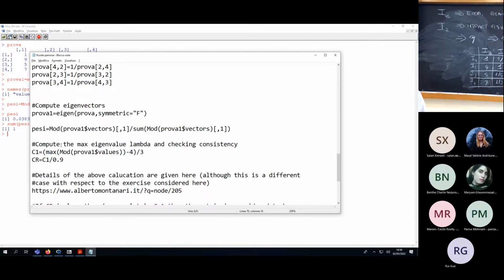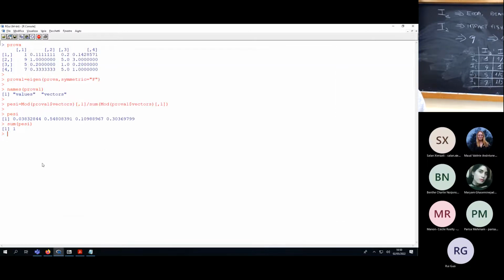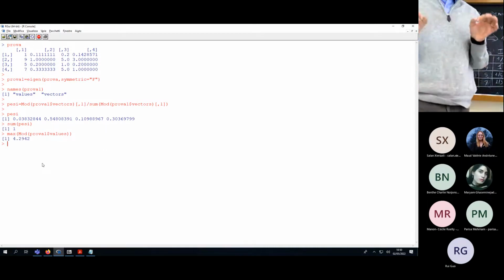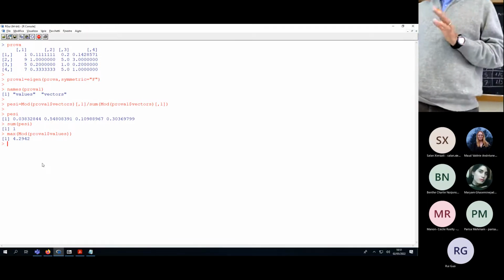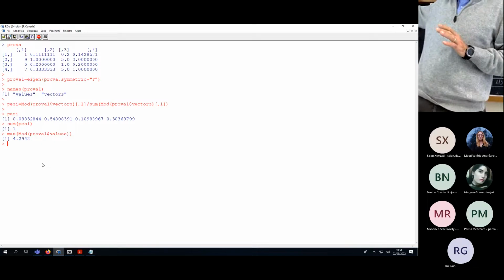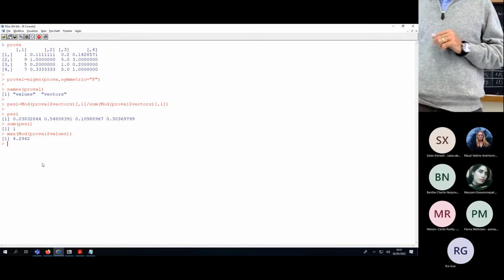What is the C1? First of all, let's take the max eigenvalue, sorry. It is this instruction here. It's just an intermediate step. You see, it's 4.29. It's different from 4. Again, the instruction here is the instruction to get the max eigenvalue.